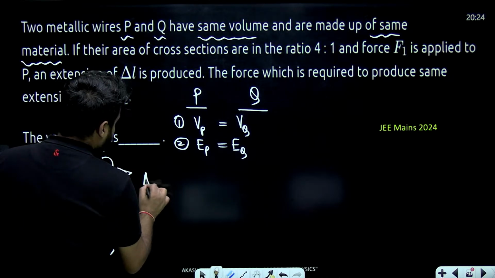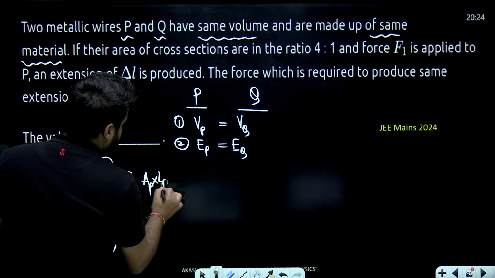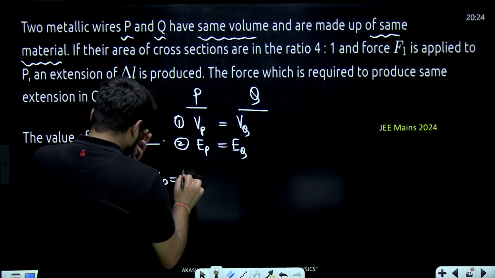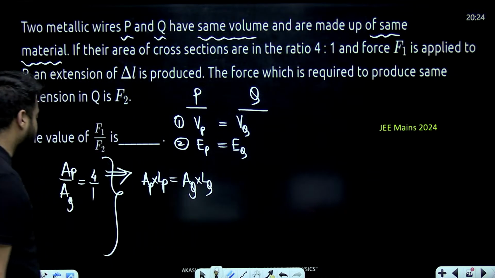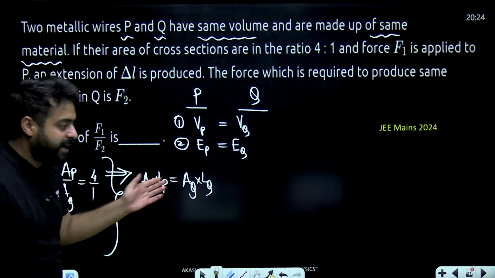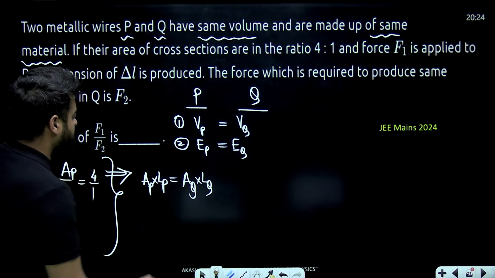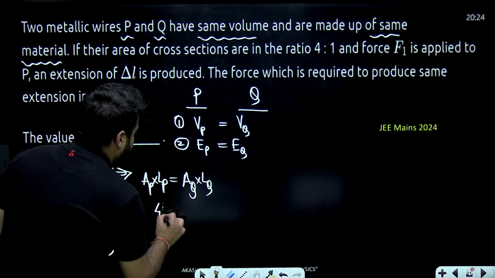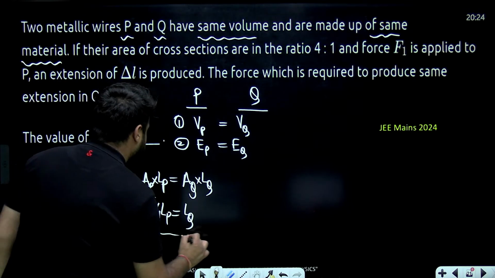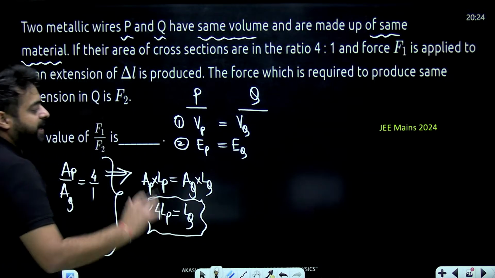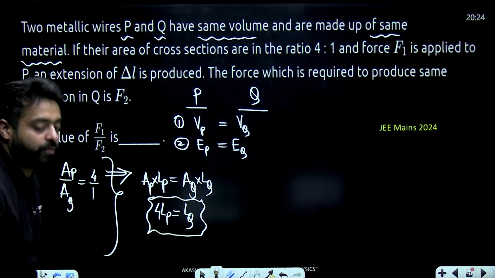Sir, area of P into length of P should be equal to area of Q and the length of Q. AP by AQ is basically 4. So can I say 4 times LP should be equal to LQ or not? Yes. So this is the second important parameter, the length ratio I know.